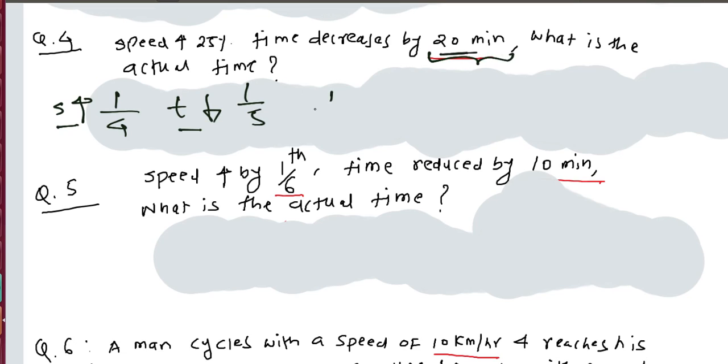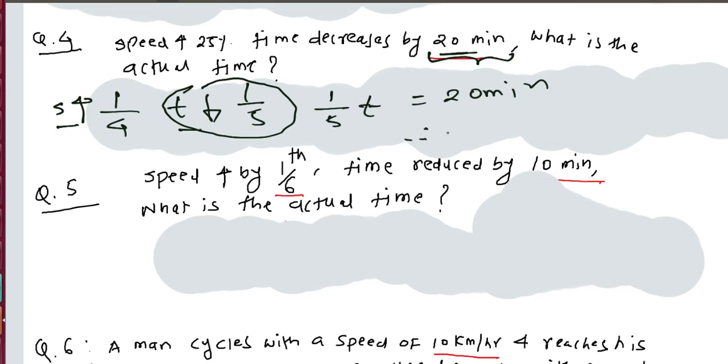So the decreased time, 1/5 of the original time, is 20 minutes. Therefore the actual time t is equal to 20 into 5, that is 100 minutes. That is the original time.